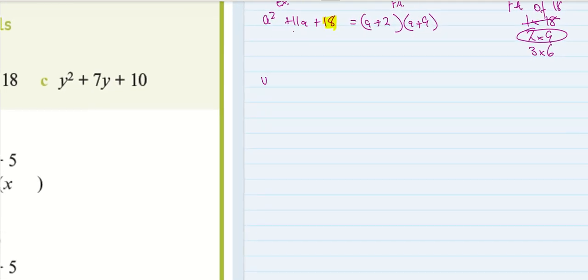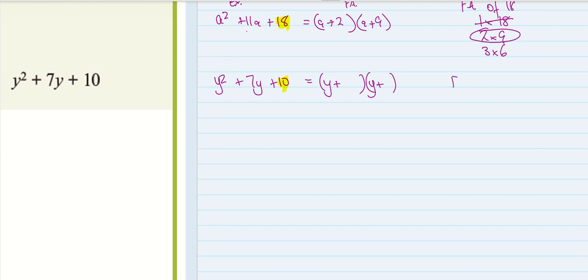Let's look at this one. y squared plus 7y plus 10. So that's the term that we have to factorise. We can fill in what we know so far.